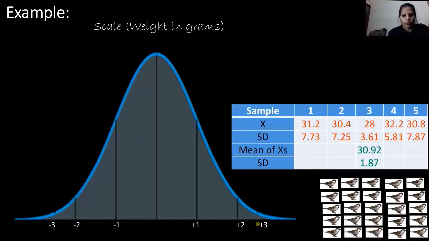So the mean 30.92 is there, and its standard deviation, 1.87, will lie somewhere here. It is clearly showing that there is less variability in the values of the data set.